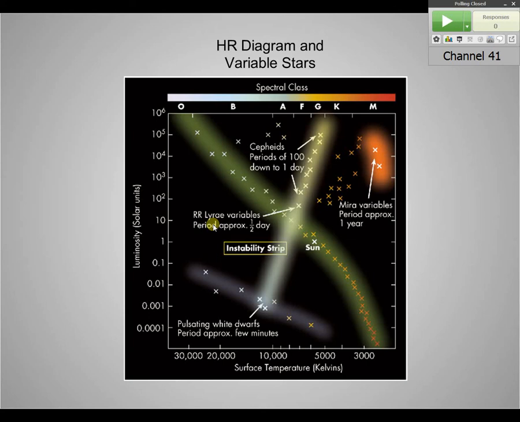Obviously, there are a couple here indicated that are outside of the instability strip that are also variable, the Mira variable stars, but most of them are going to lie along this instability strip. There's not really a physical explanation for why that's an unstable region. It's just a little bit more complicated than we need to get into. But suffice to say, if we happen to see a star lies right here, then I can know that must be some kind of Cepheid variable star or RR Lyrae star.